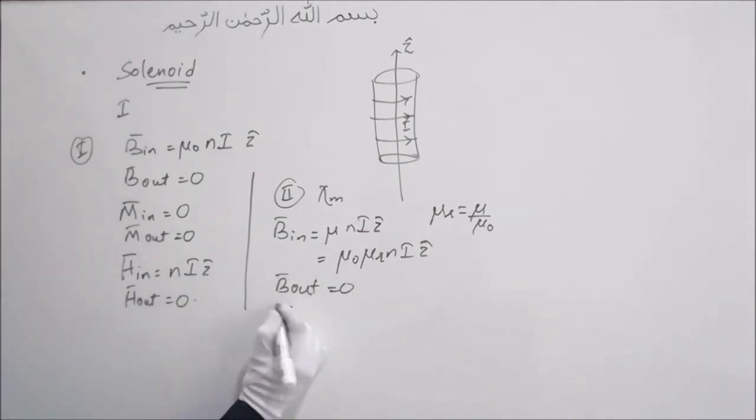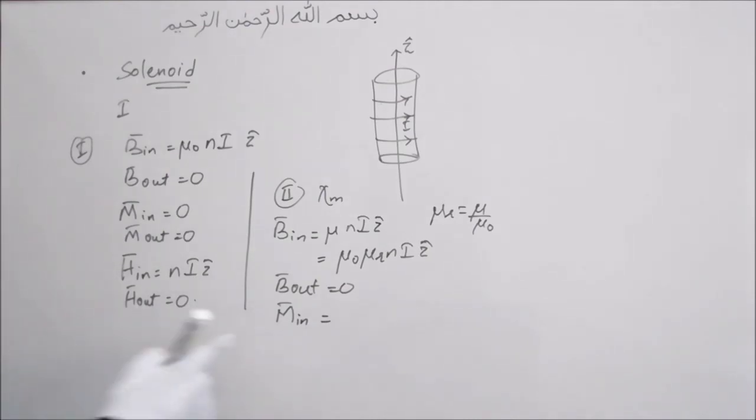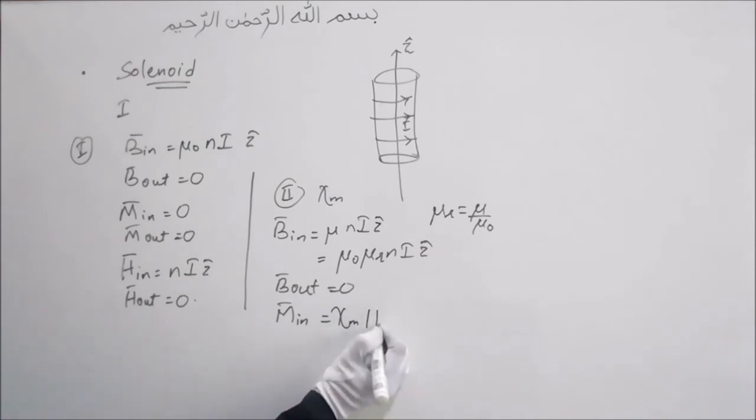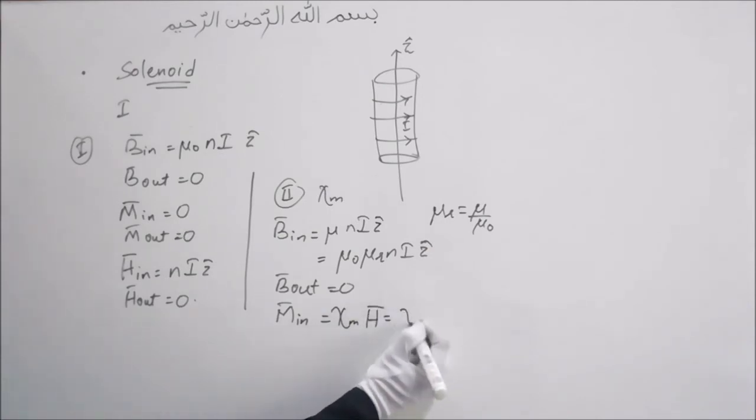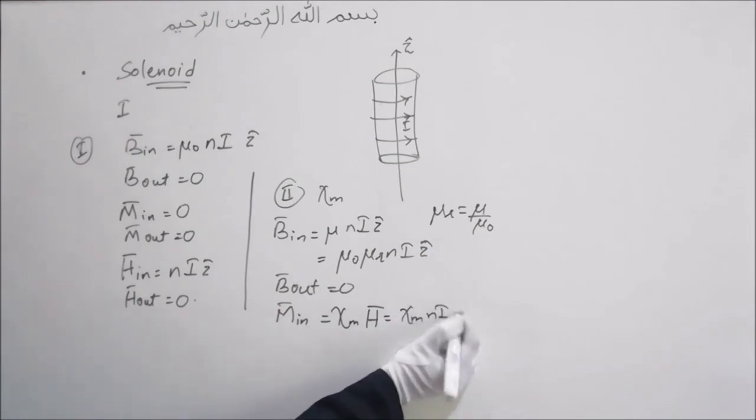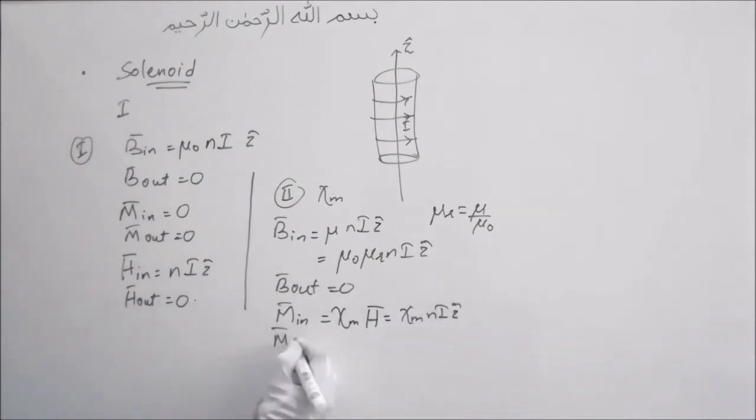Now since we have a material inside and it is given that it is a linear material, it obeys this equation. M inside is chi m times H, and H here is N I, so M will be chi m N I z hat. Magnetization outside will be 0.